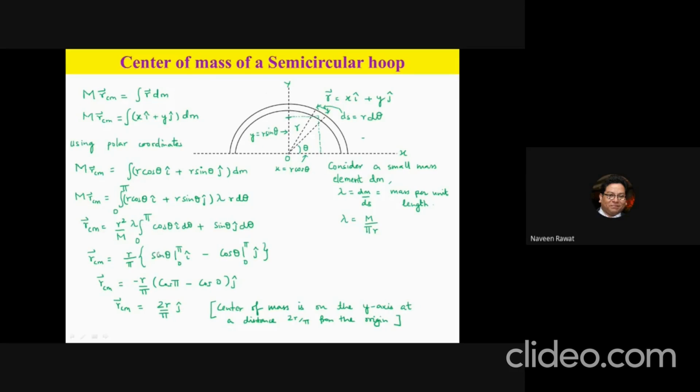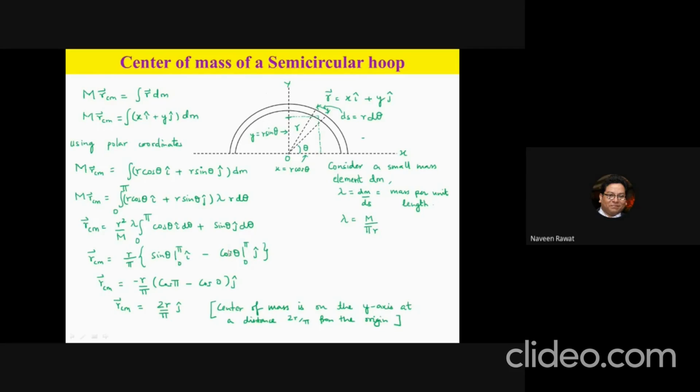For cos theta and sine theta, it's easy to calculate the integral, because you know the derivative of sine is cos, so the opposite will be the integral. So cos theta will give you sine theta, and you're integrating 0 to pi for the first term. For the second term, it will be minus cos theta, again 0 to pi. If you do that, this first term goes to 0, because sine of pi and sine of 0 are both 0.